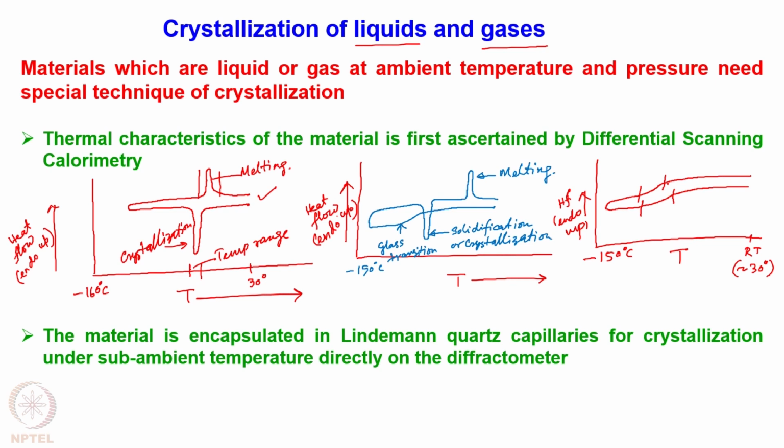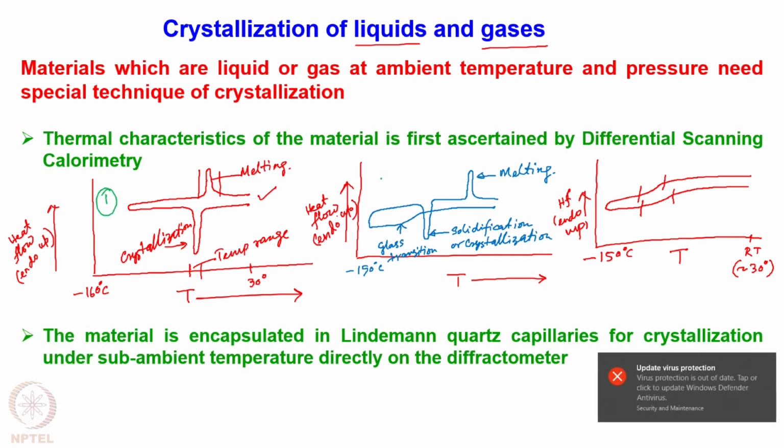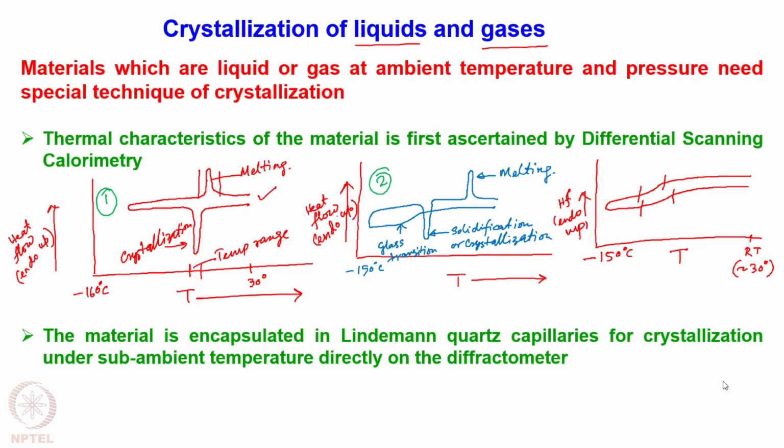So the first two types of liquids, which show some kind of crystallization behavior, the liquid of type 1 and the liquid of type 2, can be used for crystallization purposes.